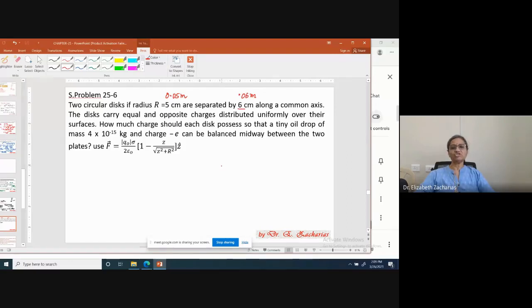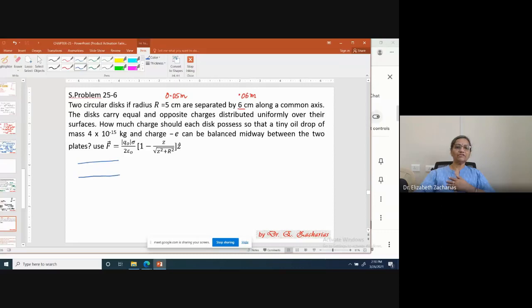How much charge should each disc possess so that a tiny oil drop of mass 4 into 10 to the power of minus 15 kg and carrying a charge minus e is balanced midway between the two plates? So here is one plate, here is another plate.